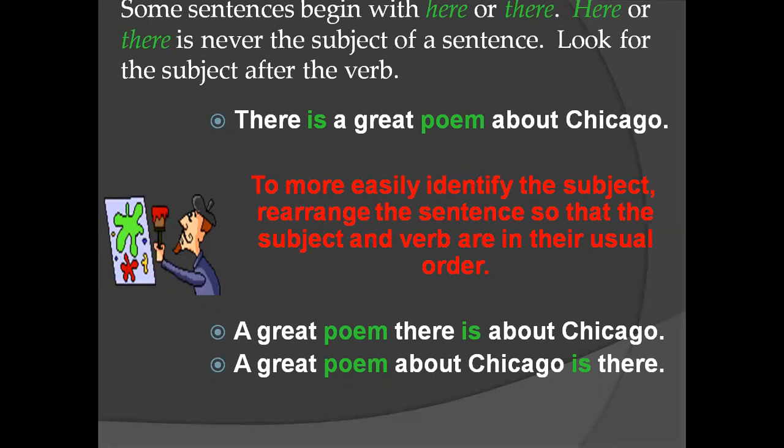A great poem is about Chicago. Is belongs to poem because poem is singular. That's why we need the singular form, not the plural. If it were great poems, there are about Chicago, we would use are, in the plural form.